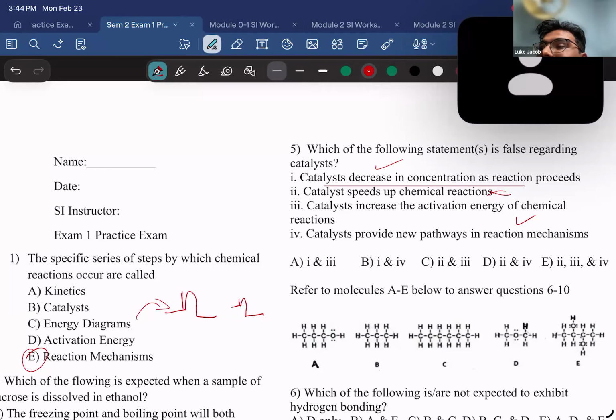Like I said, catalysts create a new reaction pathway. This is like a little mock demo of a catalyst. They decrease the activation energy, causing a new pathway to form. It doesn't increase the activation energy. So the answer choice would be A.